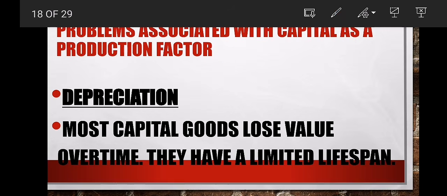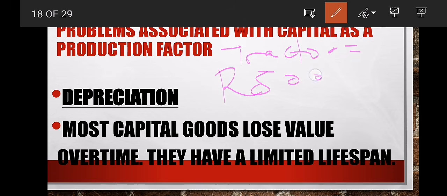In this case, good people, it's whereby you find that you buy a tractor with 500,000. After a certain period, maybe 4 or 5 years, you have to sell that tractor. Will you sell it with the 500,000? Exactly. The answer is no. You will sell it with money that is less than the 500,000.